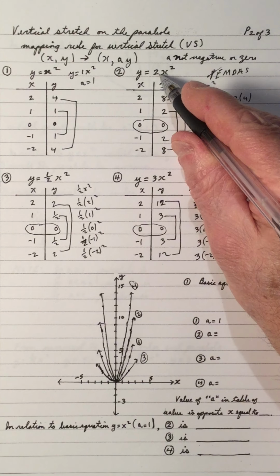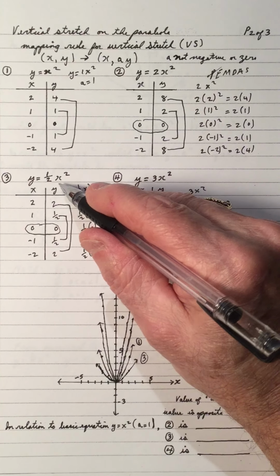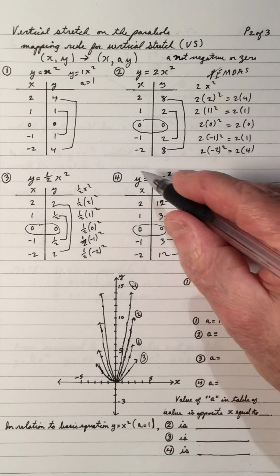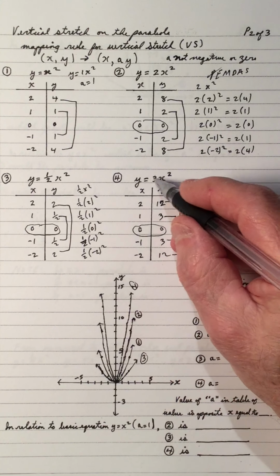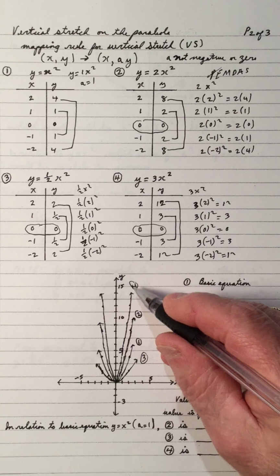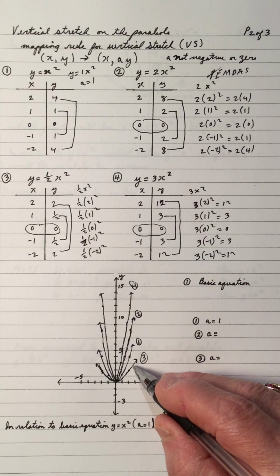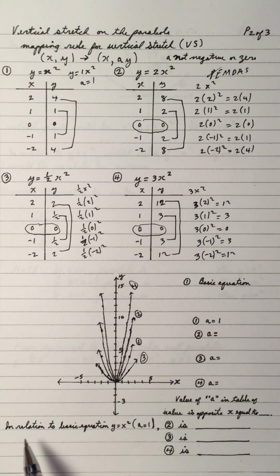The y values in number 2 are twice as high. The y values in number 3 are only half as high. And in number 4, the y values are triple, so you can see that the bigger the number, the narrower it is, closer to the y-axis. And the smaller the number, without being negative and not 0, it makes it wider.